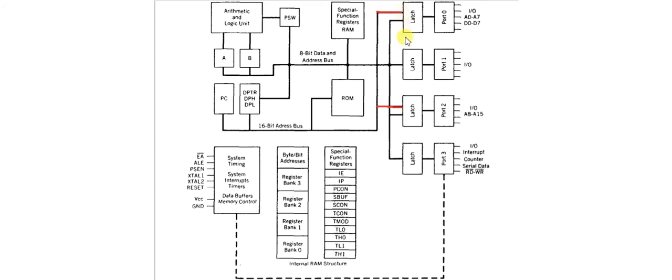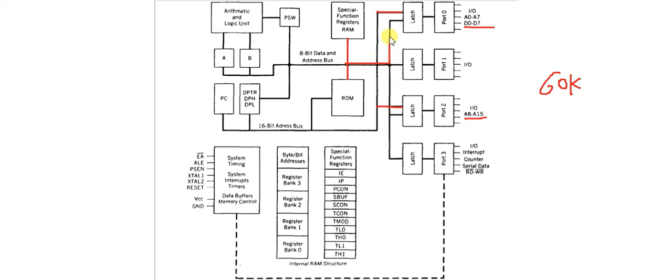Why? Because if we need additional 60K of memory, then we need to provide access to external memory through the address and data bus, which is nothing but port 0 and port 2. So the address bus is connected in this way, but the data bus is connected another way, through the data memory, through the RAM, and through every port.